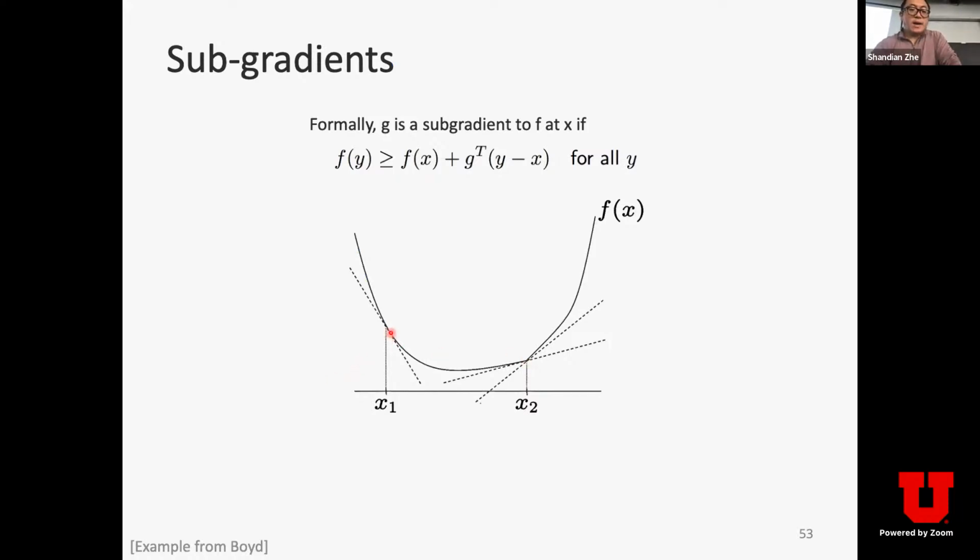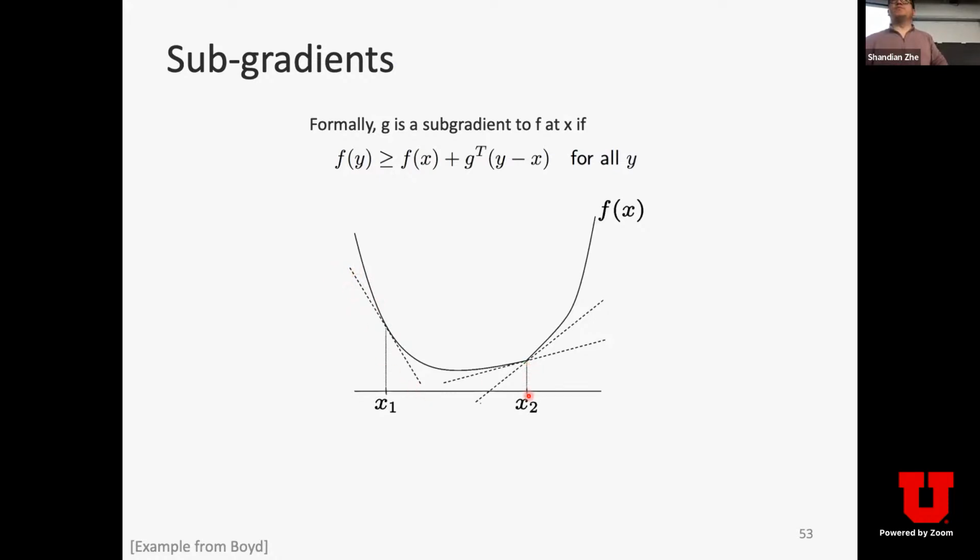So at x1, we can compute the gradient of f and construct a tangent line. We know that this tangent line stays below the entire function body of f of x, right? So the slope is viewed as a gradient, right?